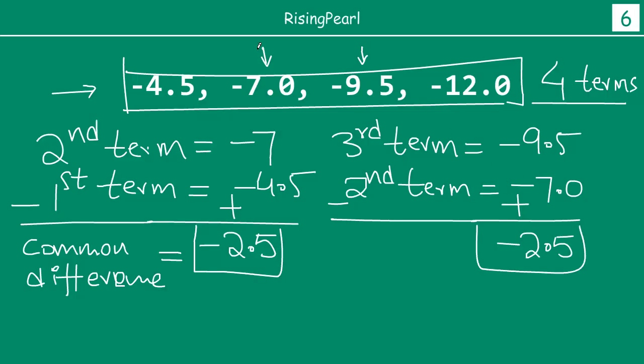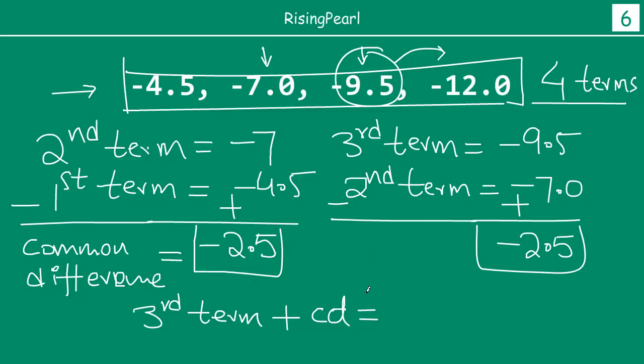Or in other words, if we randomly take any term, let's say we take this term, and if we add the common difference, then we will get the next term. So for example, this is the third term, right? So our third term plus common difference, in short let's write it CD, is going to be, so the third term is minus 9.5 plus common difference minus 2.5.